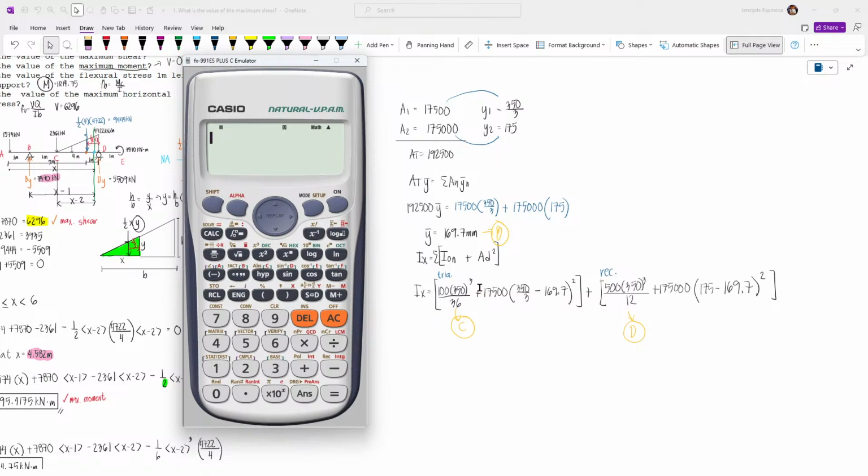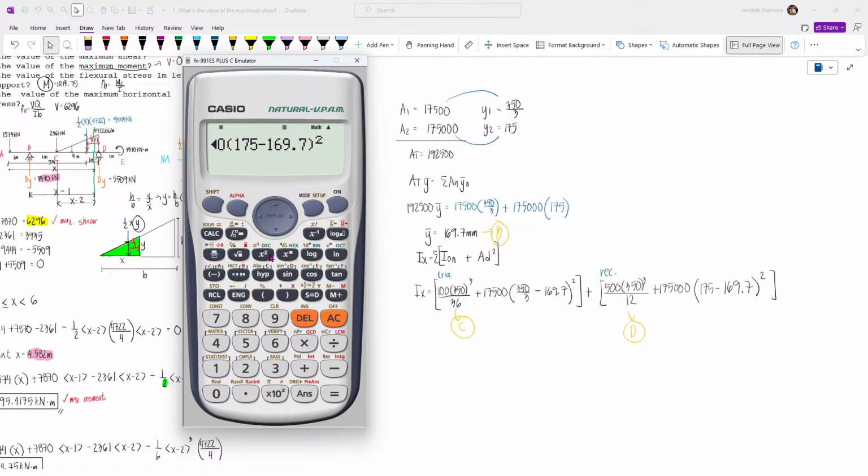So atong testingan sa ang mano-mano. So we have C plus 17.5 nya 350 over 3 minus 169.7 squared, and then plus D plus 175,000 times 175 minus 169.7.